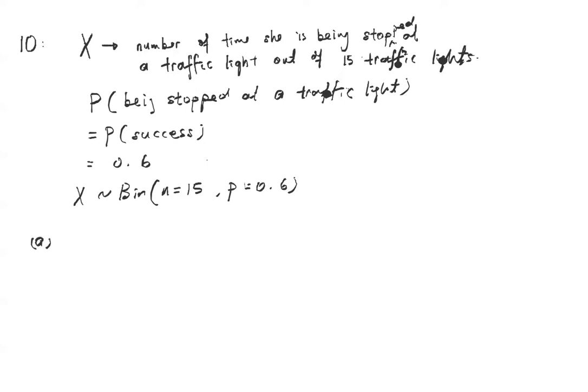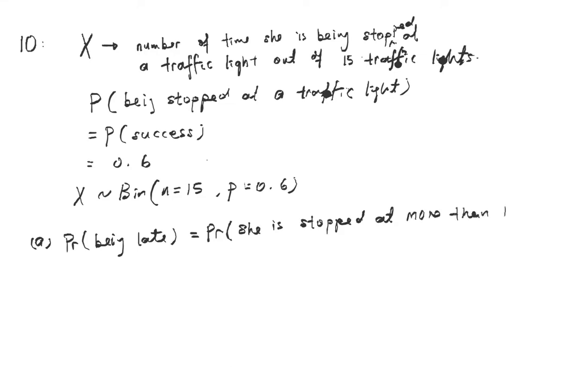Find the probability that Shelley will be late for work. How do we define being late for work? If she is stopped at more than 11 traffic lights. Probability of being late is equal to the probability she is stopped at more than 11 traffic lights.